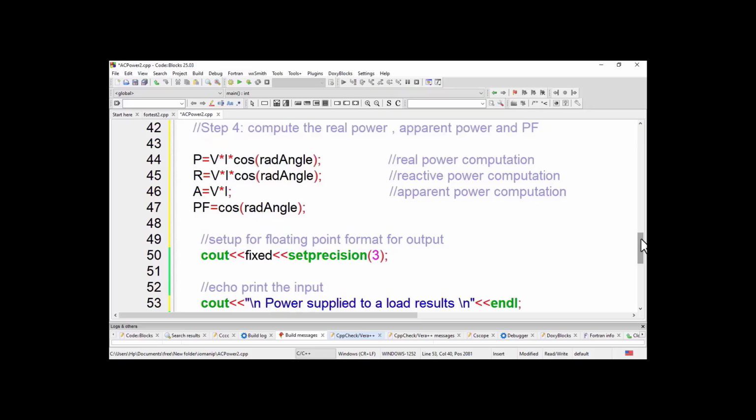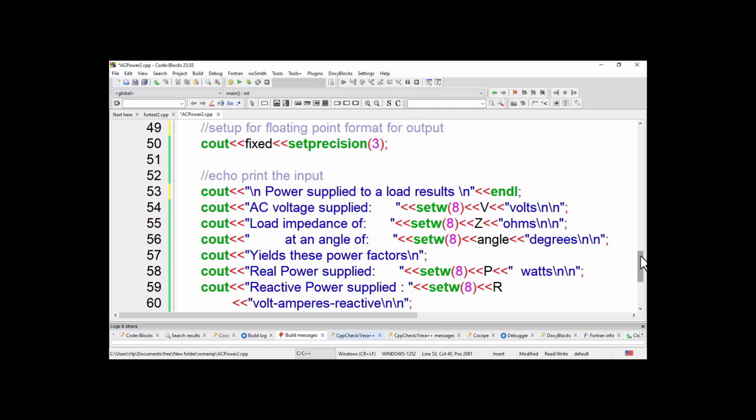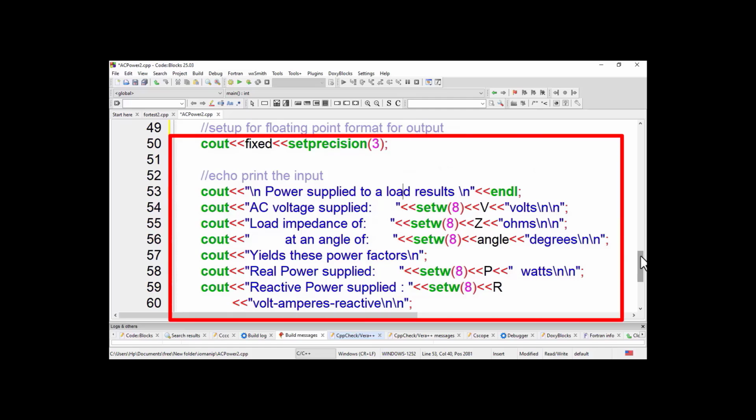Set up floating point format for output. So that is output formatting. Cout fixed, setprecision. Let's set the precision digit to 3. Let's see the results. Cout power supplied to a load results. AC voltage supplied, setw 8, V, so it will display the supply voltage.